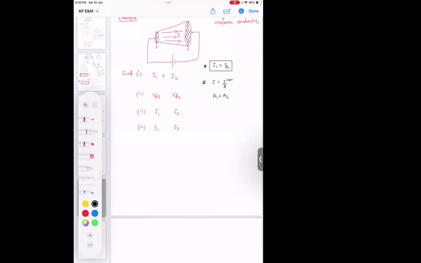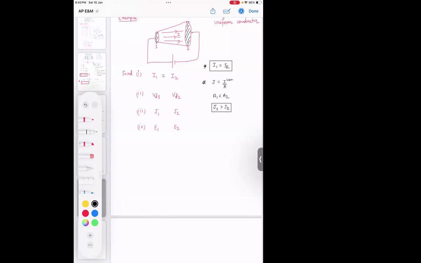So what will happen? Current density at 1 will be greater than the current density at 2, right? Because if current is same, then current density will depend on the area of cross section. Area of cross section of 1 is less, so current density at 1 will be greater. At the second section it will be less.